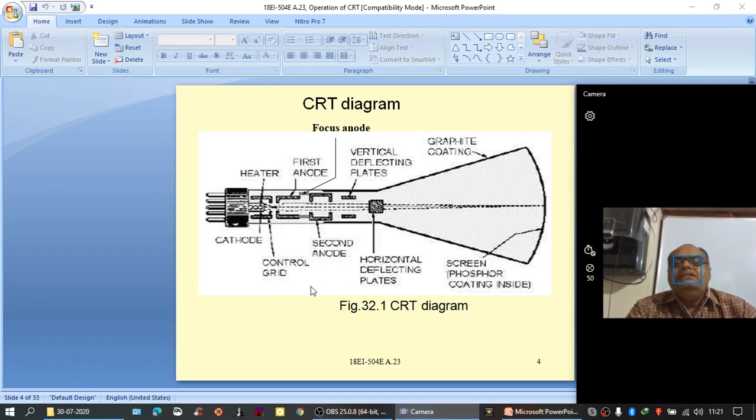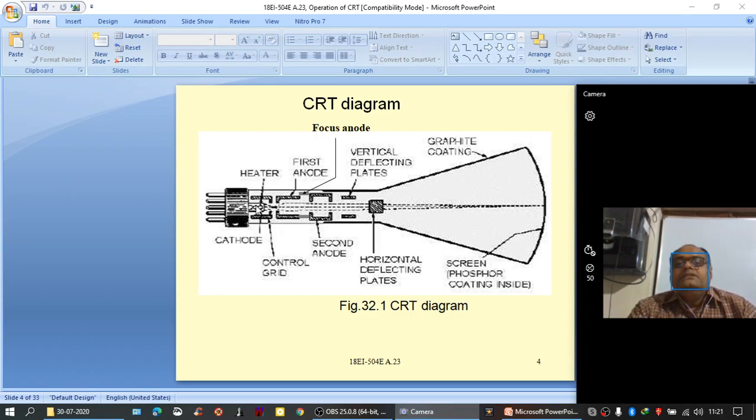CRT mainly consists of a heater and a cathode. This heater will heat the cathode, and the cathode is coated with special materials which eject a large number of electrons when energy is supplied.